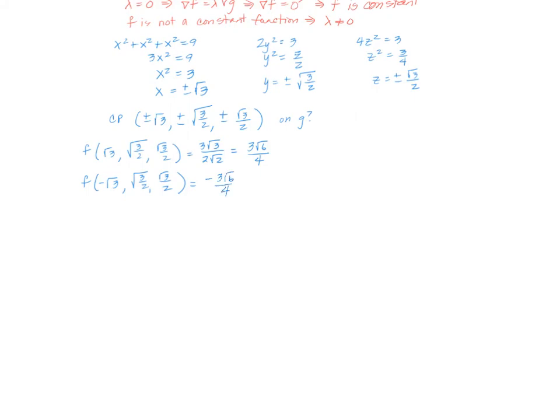So any other combination of negative, positive will either give me a positive xyz or a negative xyz. So we only get the positive 3 square root of 6 over 4 or the negative 3 square root of 6 over 4. So the positive corresponds to a max and the negative corresponds to a min.